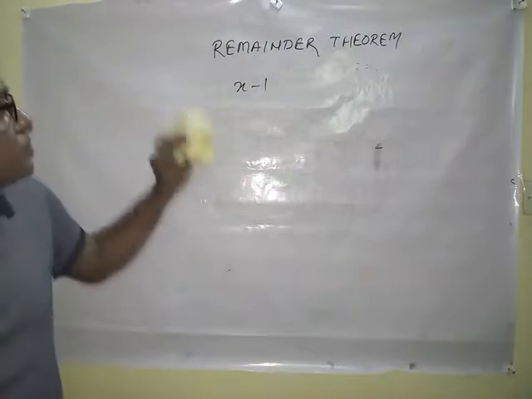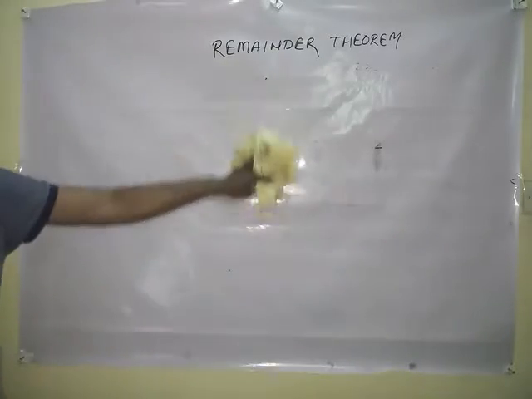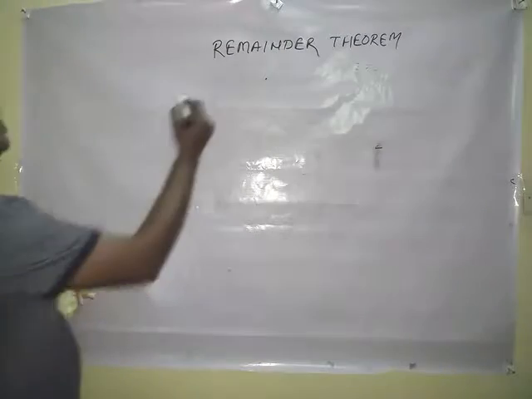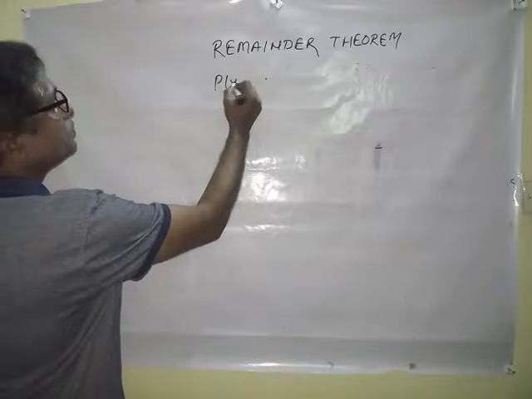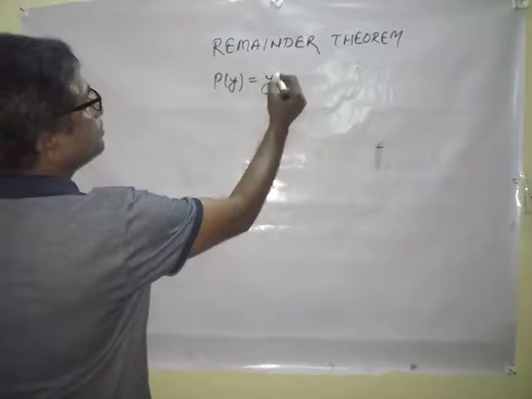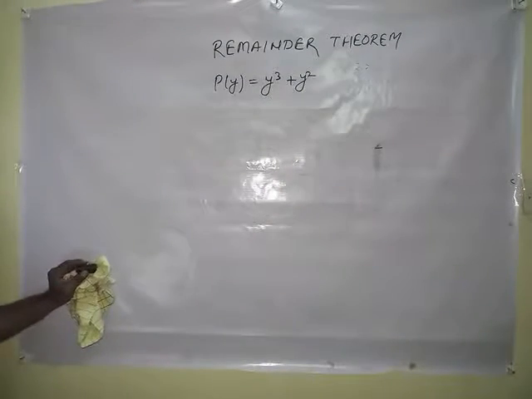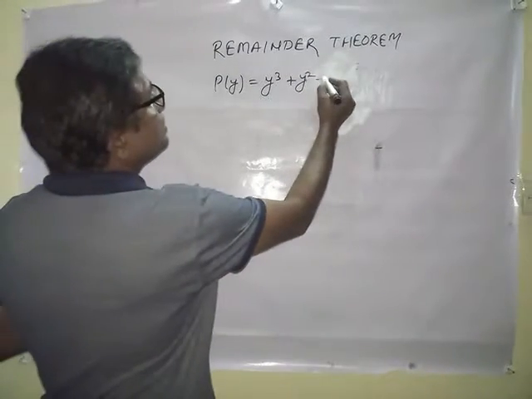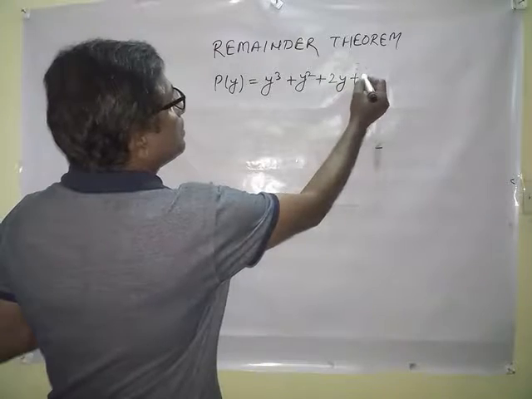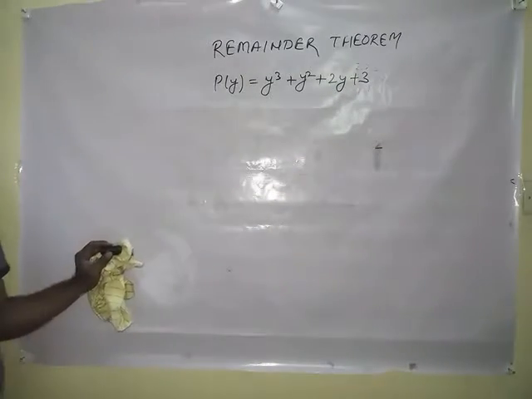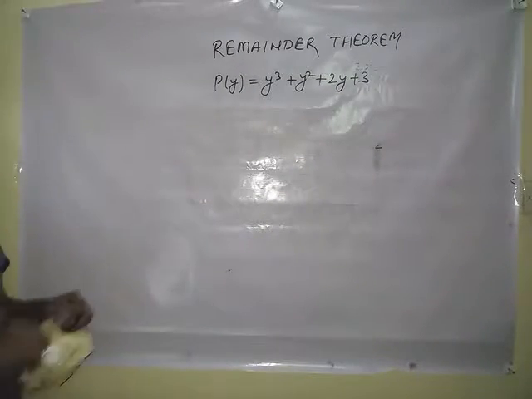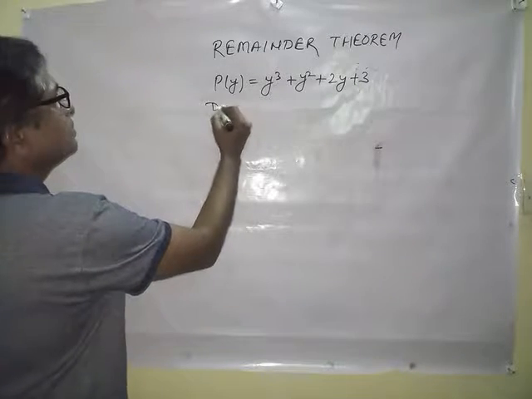Say P(y) is equal to y cube plus y square plus 2y plus 3, and it is divided by a linear equation.